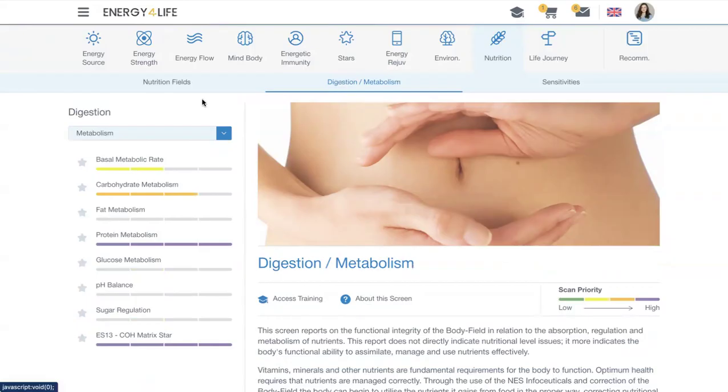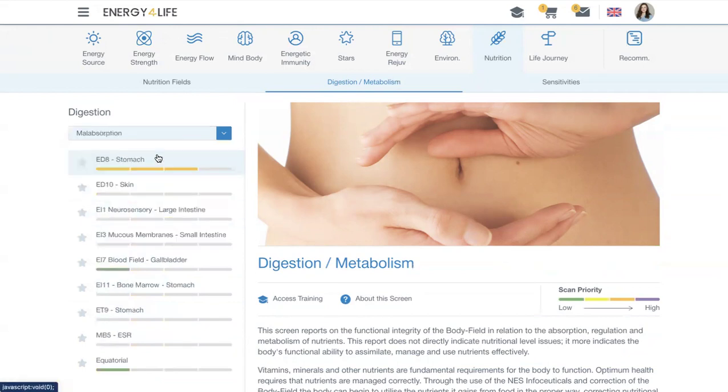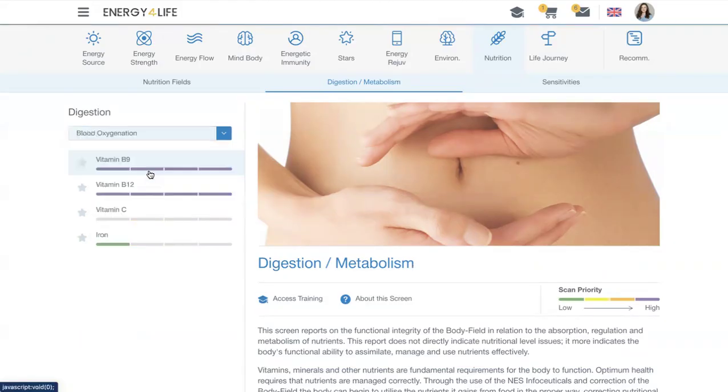You can see how your body is processing specific food groups on an individual basis as well as an overall basis, how well you are absorbing your foods, if you are at all, and how well your blood is oxygenating. So you can see in this person's case, not well.